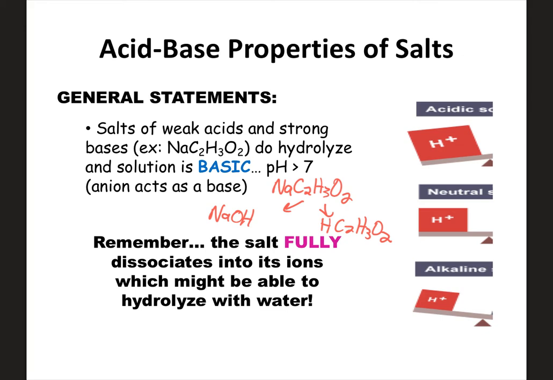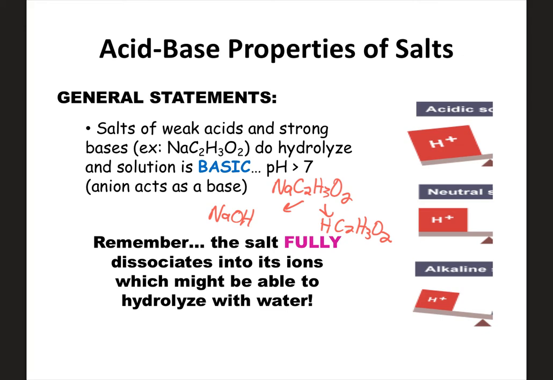So now you analyze both of these. NaOH is a strong base. HC2H3O2 is a weak acid. So sodium acetate came from a weak acid and a strong base. So it's going to hydrolyze or react with water to form a basic solution here.